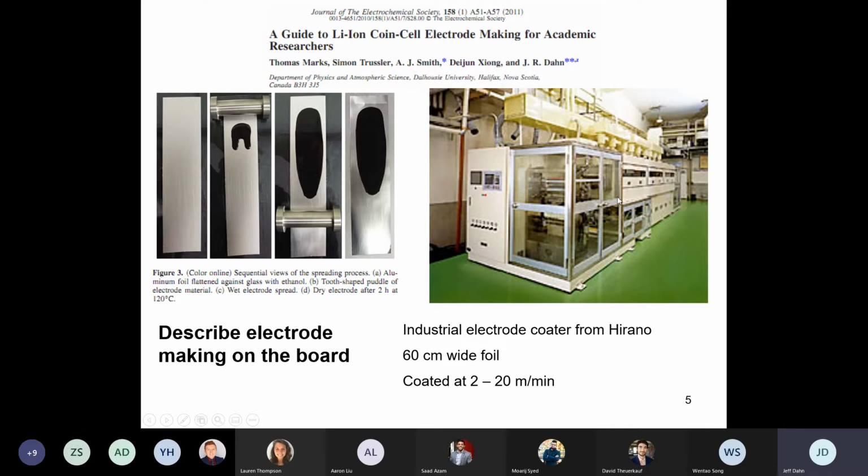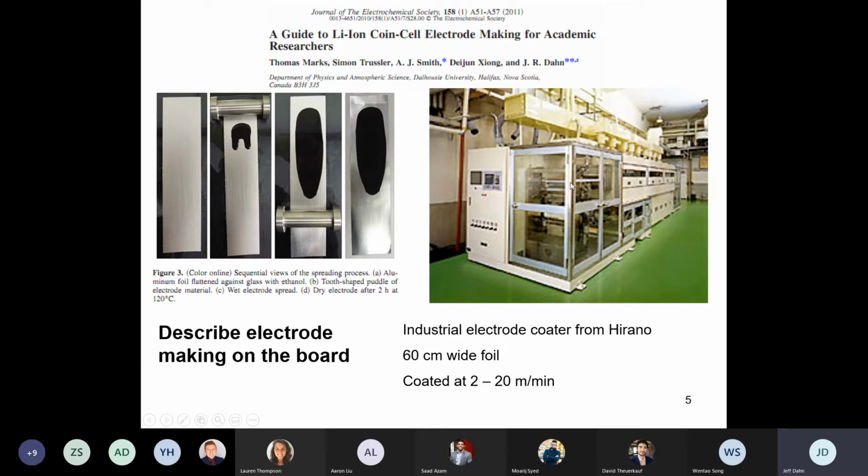This is a relatively old photograph of an industrial coater from Hirano. This one was using a 60 centimeter wide foil and moving somewhere between 2 and 20 meters per minute. Nowadays, the big coaters will run 1.5 meter wide foil and 10 meters per minute or so.